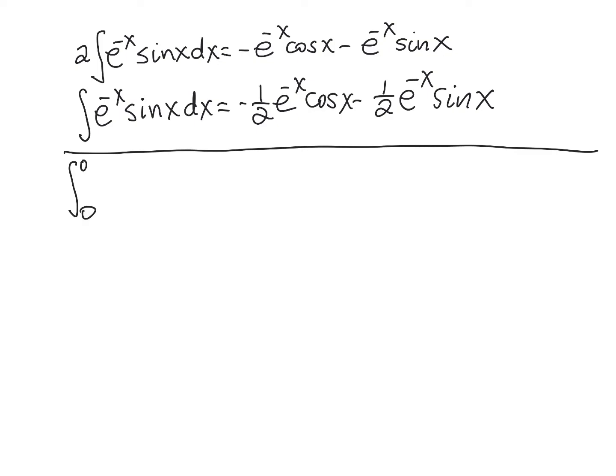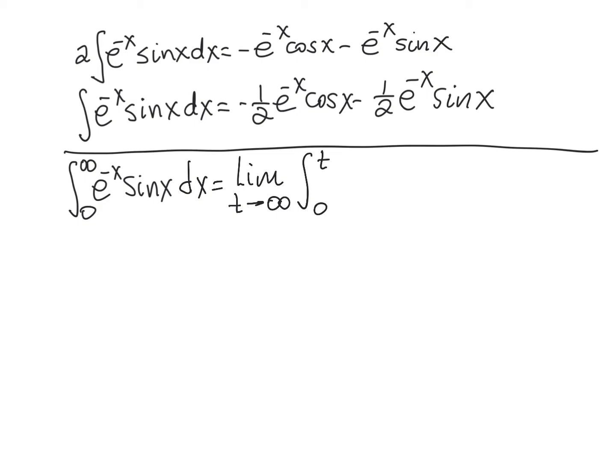Remember, it's the integral from 0 to infinity of e to the negative x sine x. We write it in the limit form as the limit as t approaches positive infinity of the integral from 0 to t of e to the negative x sine x.